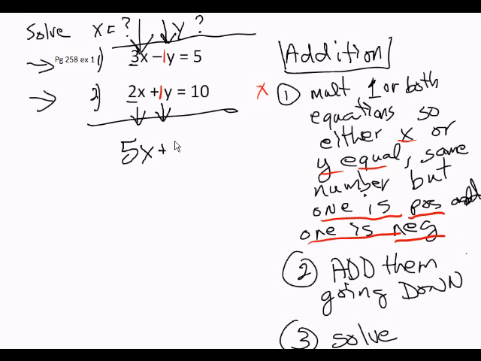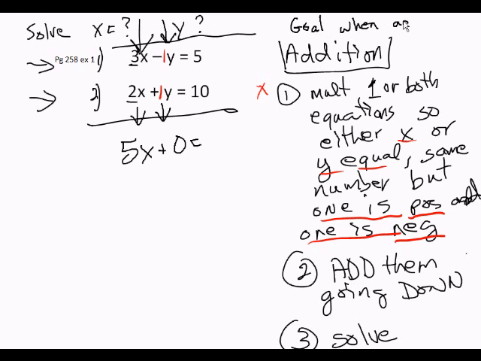What's 1y minus 1y? A negative 1 and a positive 1 is 0. You could say 0y, but 0y is the same thing as saying 0. 1 minus 1 is 0.